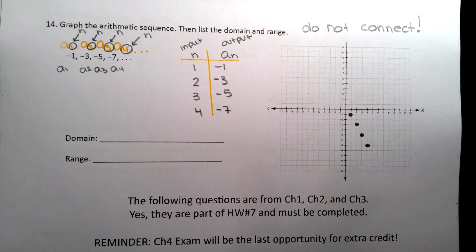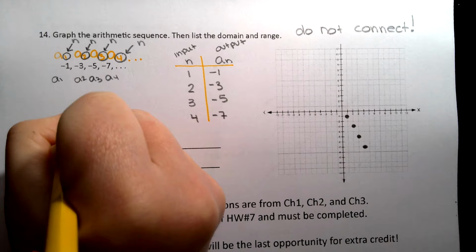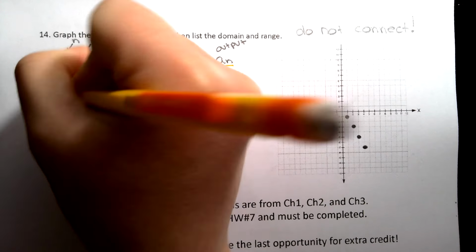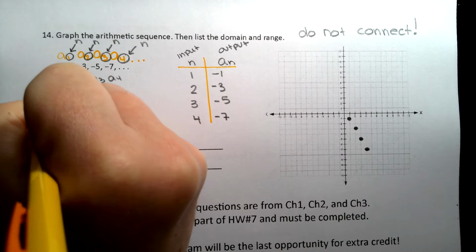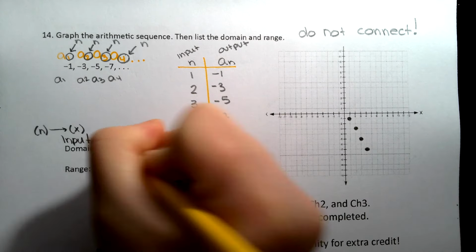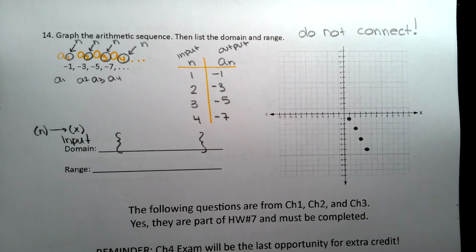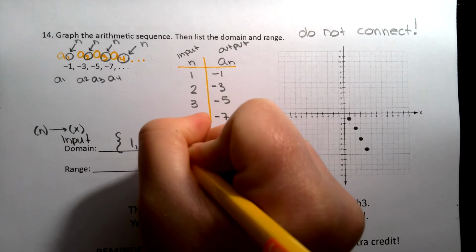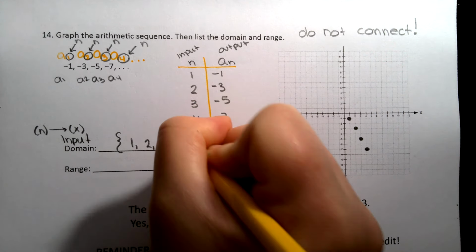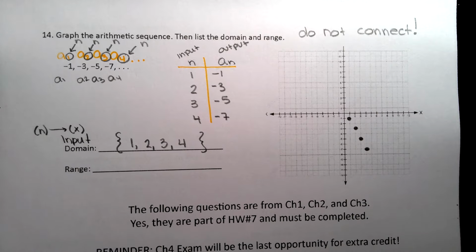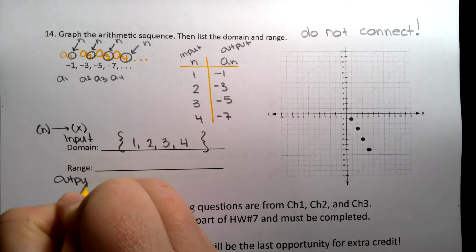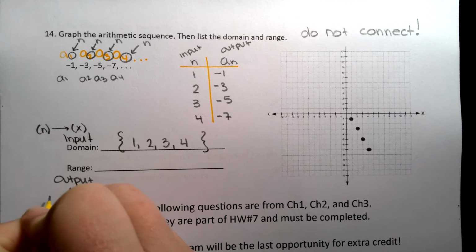Now, for your domain, these are your input values. Typically, it's your x's. We don't have an x, we have an n. We are going to draw squiggly brackets for our domain, and we're going to list them from smallest to largest. No repeated values if you have repeated values. For your range, these are typically your output for y, but we don't have y.